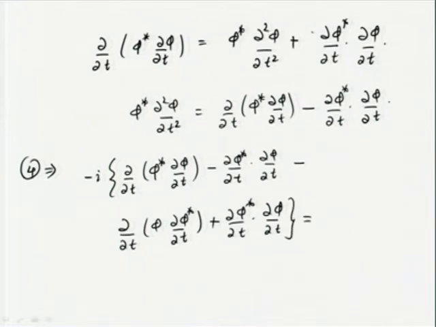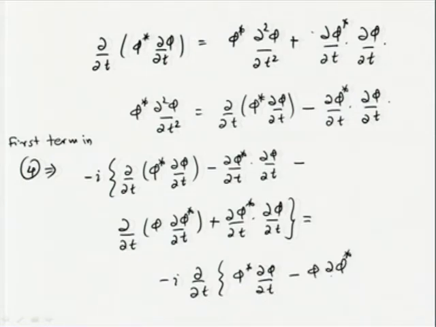Let me only focus on the first term. That will give me minus i, these two cancel, the second term and the fourth term cancel. So that will give me minus i total derivative acting on phi star ∂phi/∂t minus phi ∂phi star/∂t.